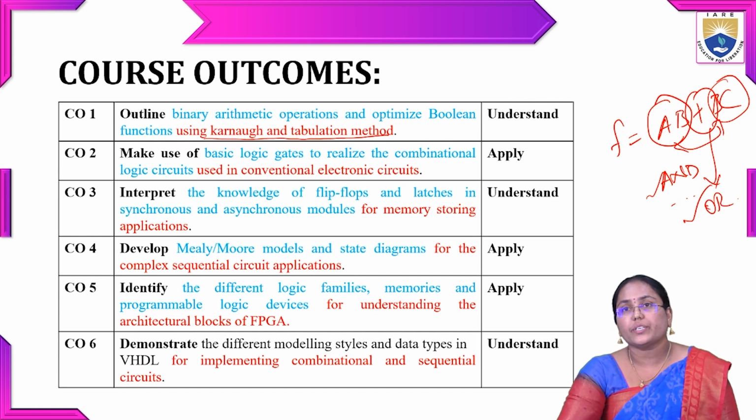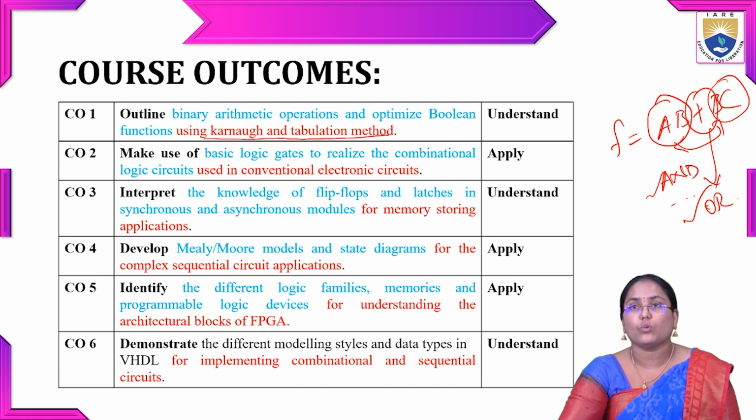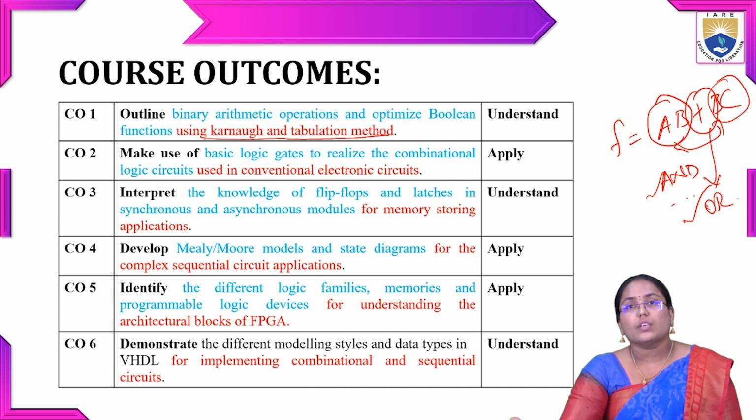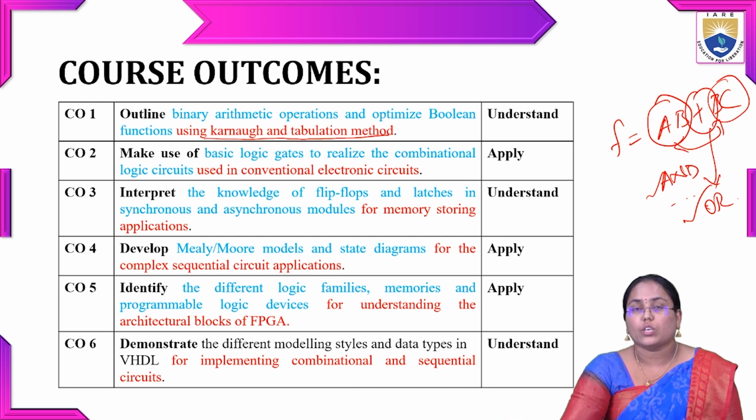So next one is interpret the knowledge of flip-flops and latches in synchronous and asynchronous modes for memory storing applications. So synchronous means with respect to the clock, how the particular inputs and outputs will be in synchronous with the clock, and asynchronous, without the clock also, how we are going to get the outputs. All these things the student will be able to get as an outcome.